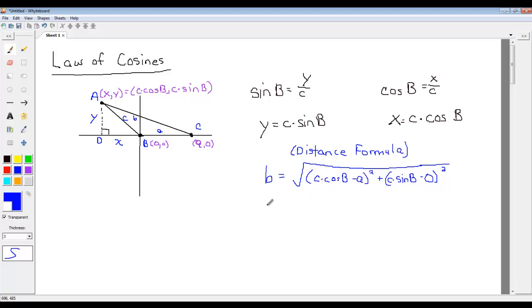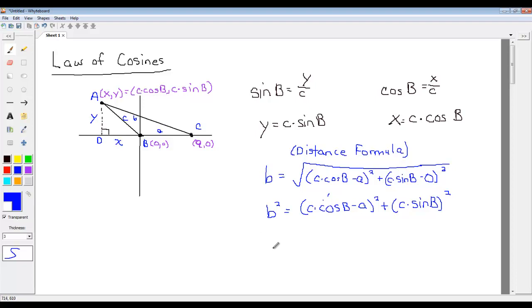Take both sides, square them. We got b squared equals c times cosine B minus a squared. Squaring both sides, we can get rid of that square root sign, plus c times sine B squared.